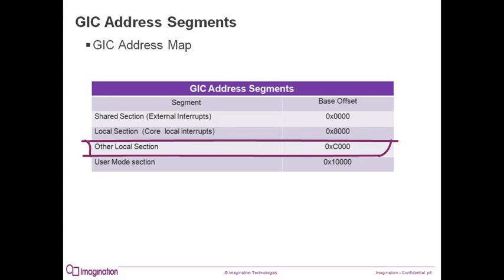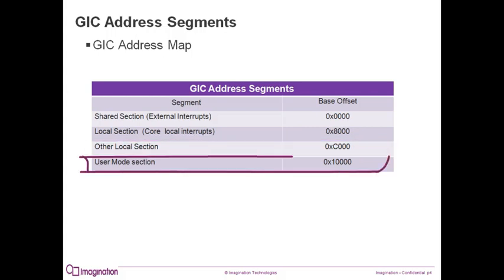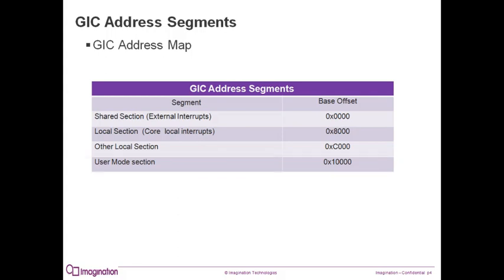The value of this register is used by hardware to index into the appropriate subset of the control registers for the other processing element. An additional section called the user mode visible section is used to give quick user mode read access to specific GIC registers. The use of this section is meant to avoid the overhead of system calls to read the GIC resources, such as the counter registers.